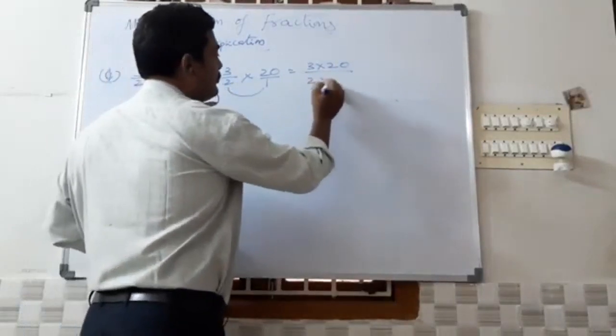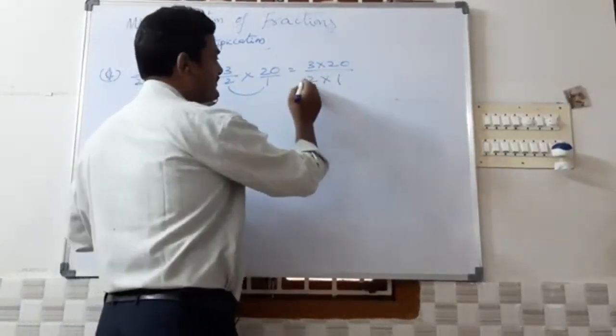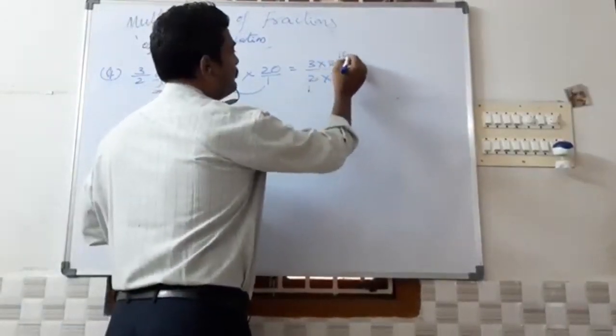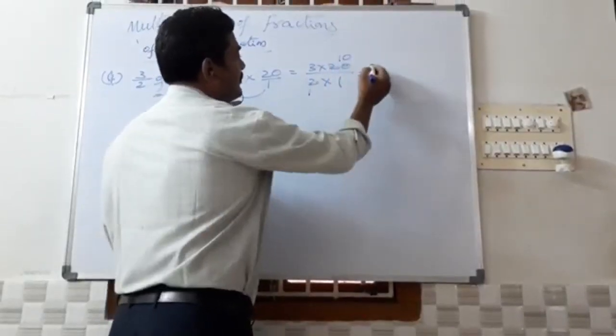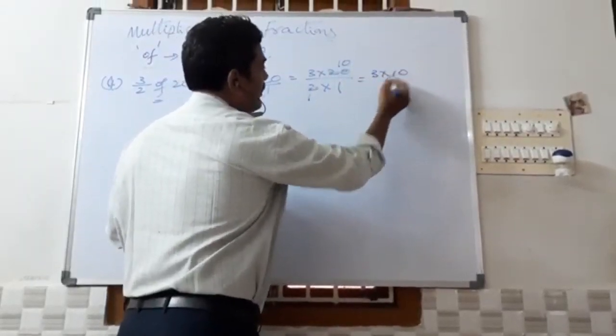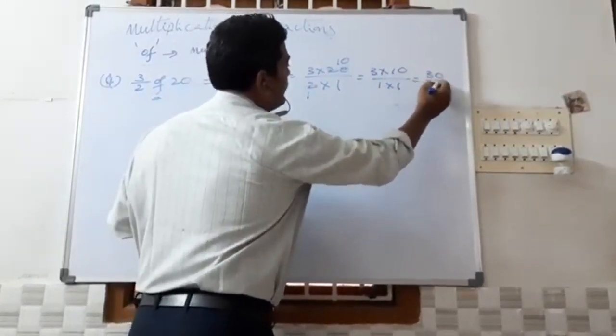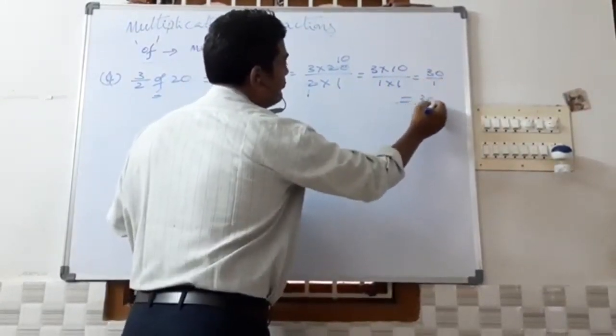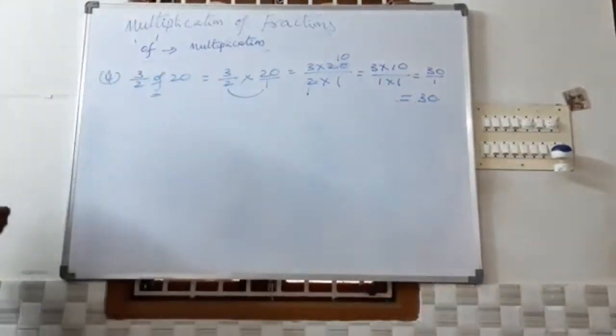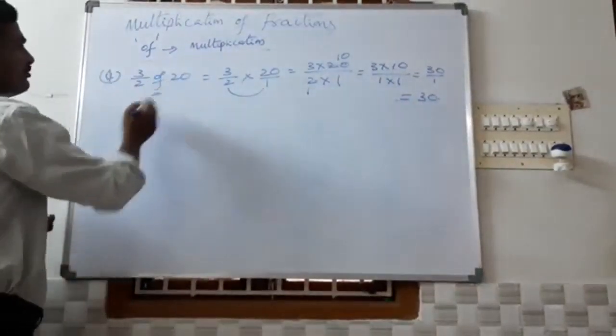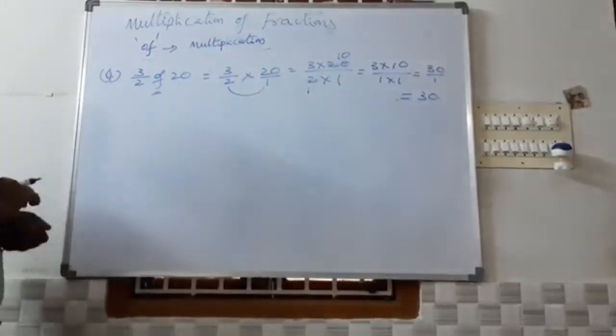Now 2 into 1. If any cancellation, 2 ones, 2 tens. That means 3 into 10 by 1 into 1, that equals 30 by 1, that equals 30. So 3 by 2 of 20 equals 30.